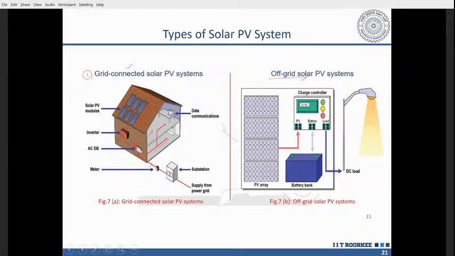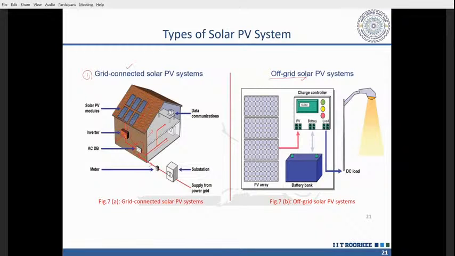Then it comes to the meter, and from the meter it goes to the substation or supply from the power grid. Or else from this board it can go to the other loads of my home appliances. I also have a controller which will collect the data, monitor the system, and communicate to the outside.